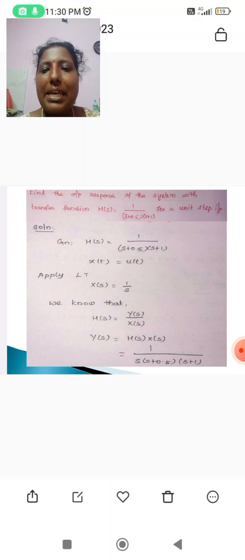First I have written the given: the transfer function H of s is equal to 1 by (s plus 0.5)(s plus 1), and the second given function, the unit step input, x of t is equal to u of t. Now applying Laplace transform to the unit step function, X of s is equal to 1 by s.